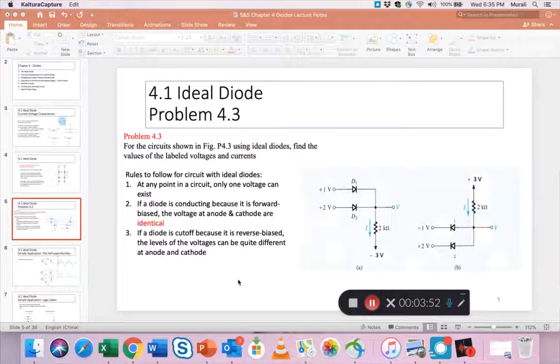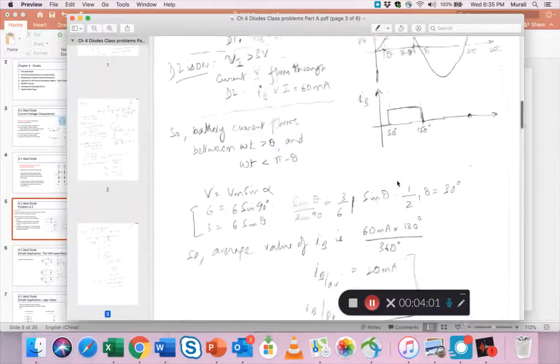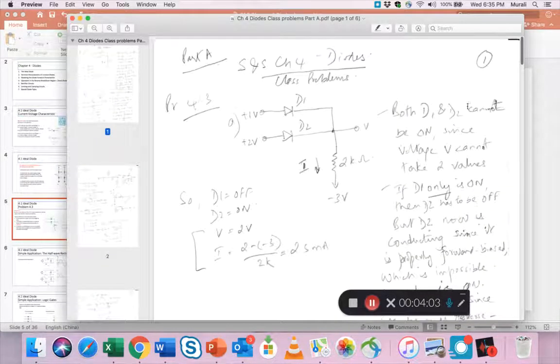Okay, so with that, let me open my PDF where I've solved this problem. It's actually here. Problem 4.3 is right on page 1 at the top of chapter 4, Diodes Class Problems. I call this part A because these chapters are long in this textbook. I want to warn you, there's a lot of material in every chapter.